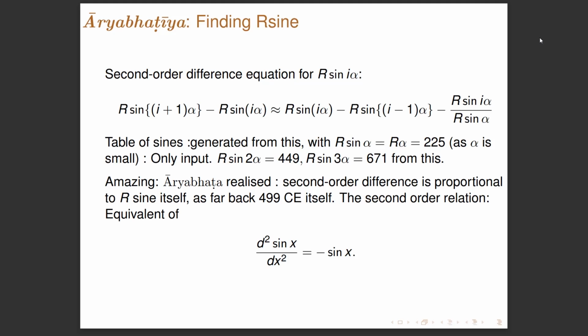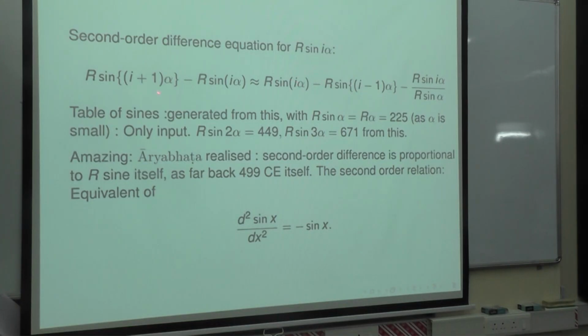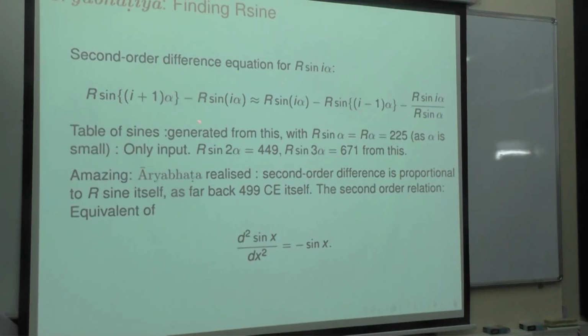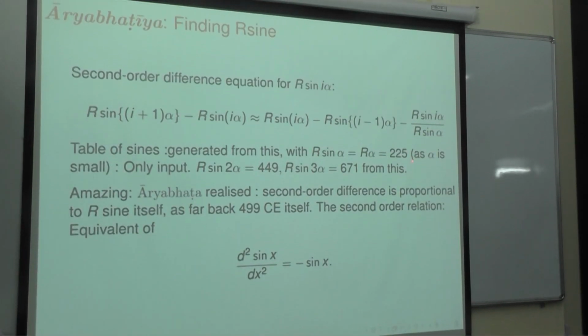This is also a difference, but of the previous set: here i plus 1 and i are there, here i and i minus 1. Now this minus this, if you take it to the left hand side, is called a second order difference, and it is equal to this.